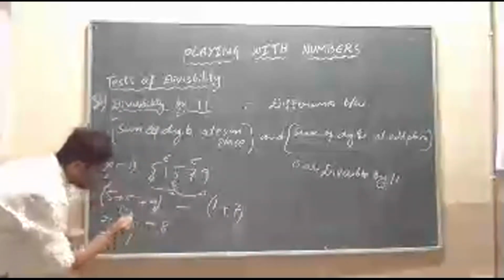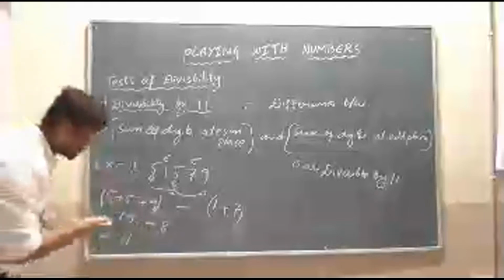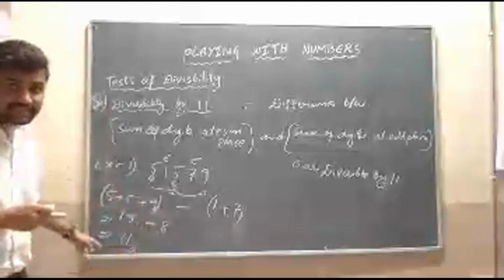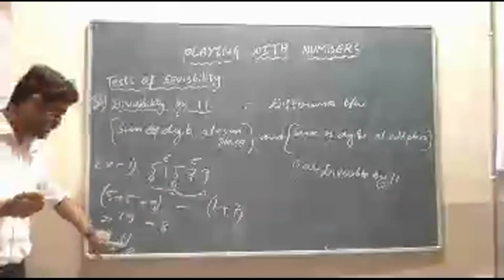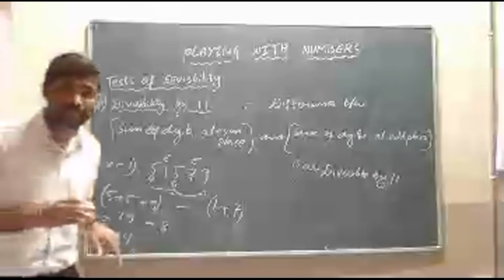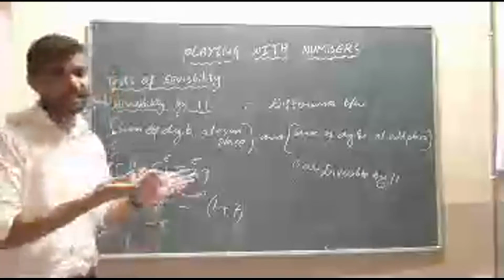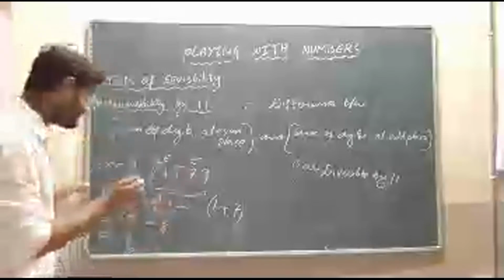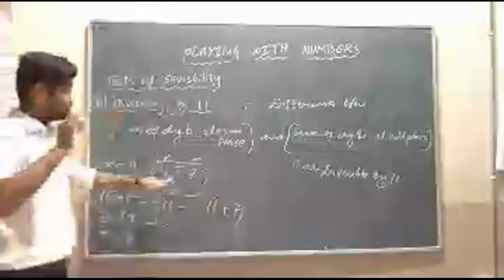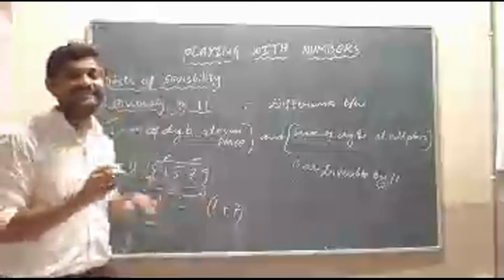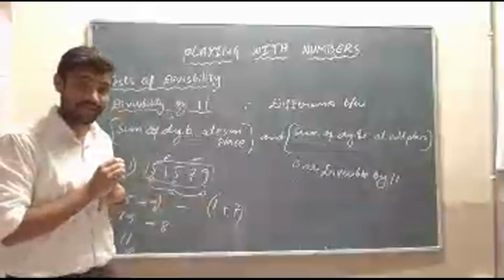That is 11. 19 minus 8 is 11. Whether 11 is divisible by 11? Yes, sir, 11 is 11. Then we can say that this number 51,579 is divisible by 11.